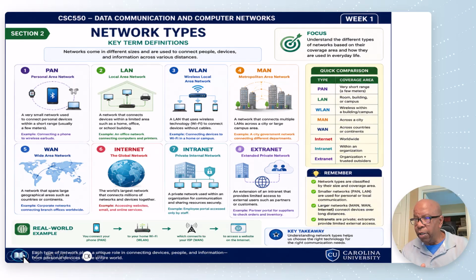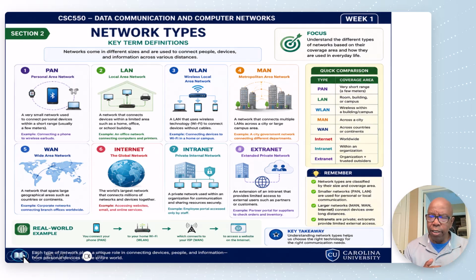MAN, metropolitan area networks. These are networks that connect multiple LANs across a city. So I can have LANs, say I had 3 universities in a particular city, and they are connected to each other. We may be able to do that with a MAN, a metropolitan area network.